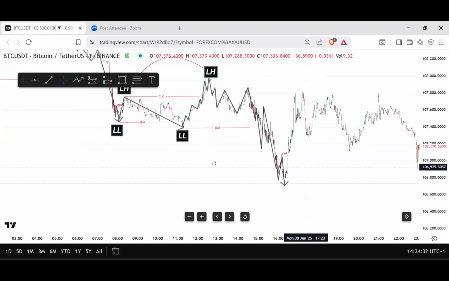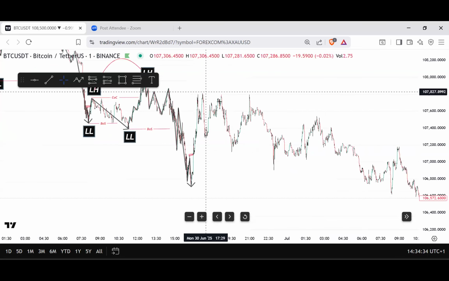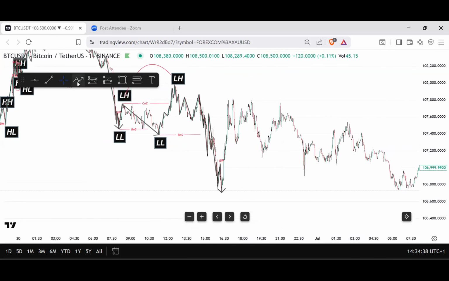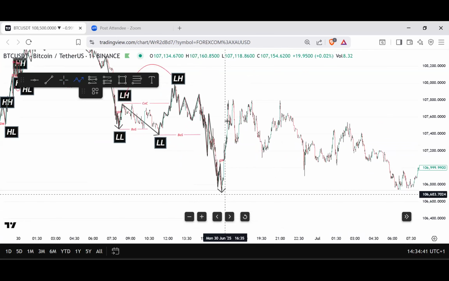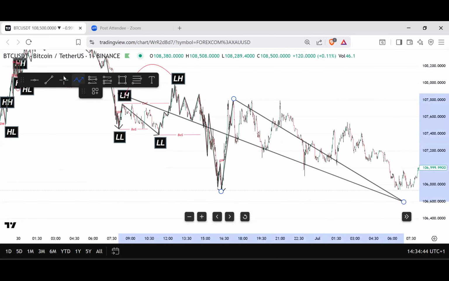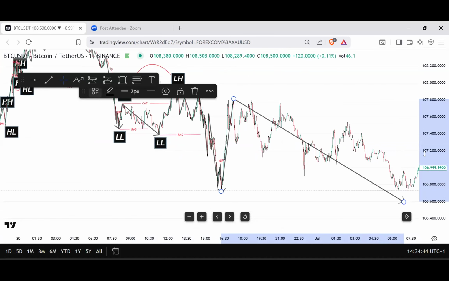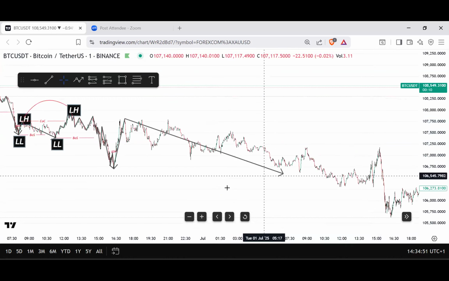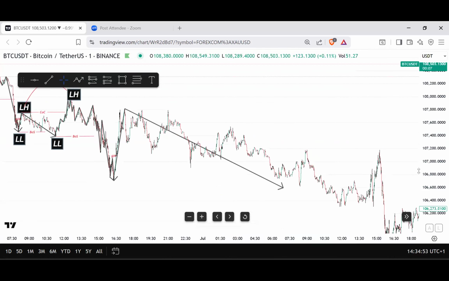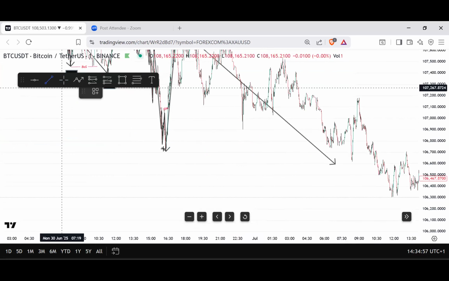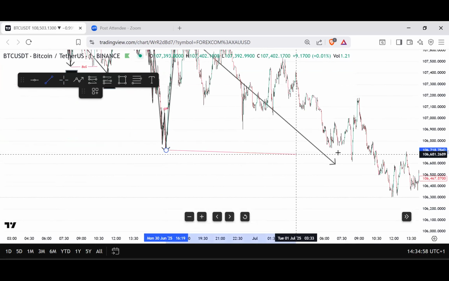Then all of this move is correction because it did not break this lower high. So this correction. Then another break. The correction. That is the last point. Another break of structure.